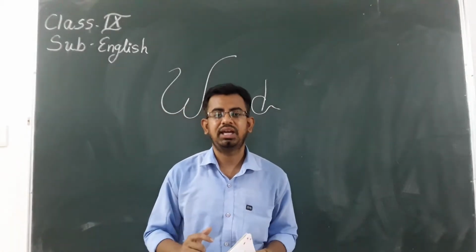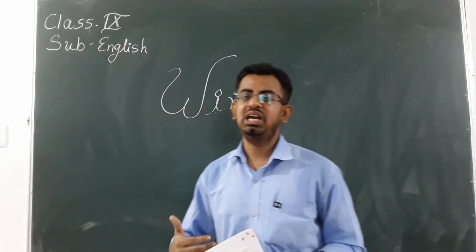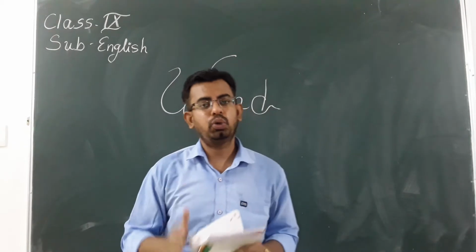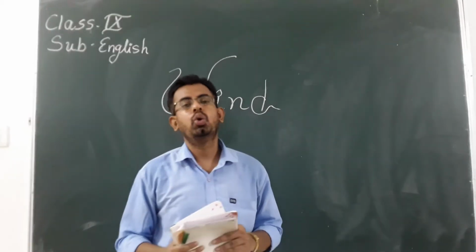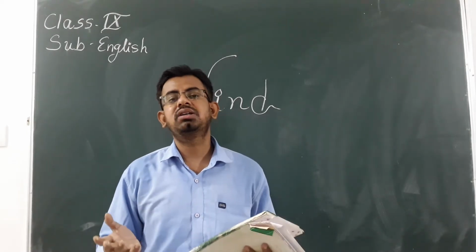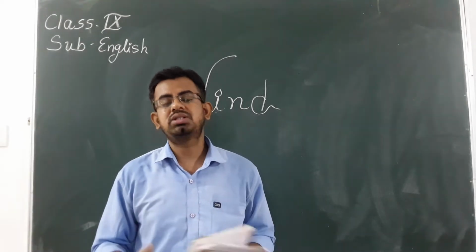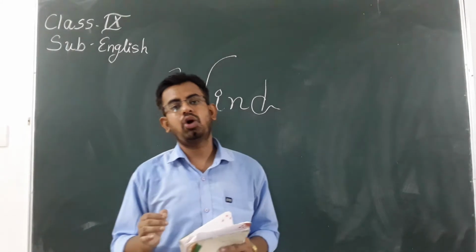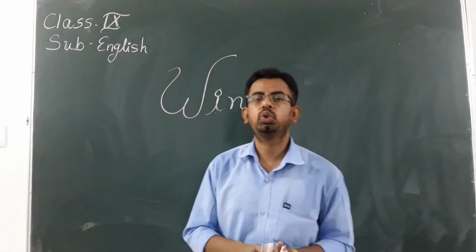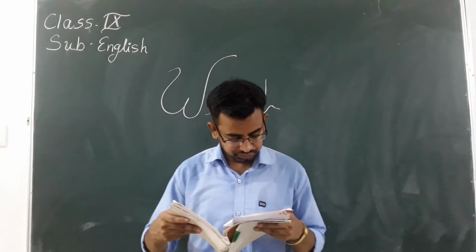One more time, in these three lines, the poet is comparing wind to a notorious young man who is expert in tearing the pages, scattering the books, and making fun of weak people. Now we will go through the next lines.